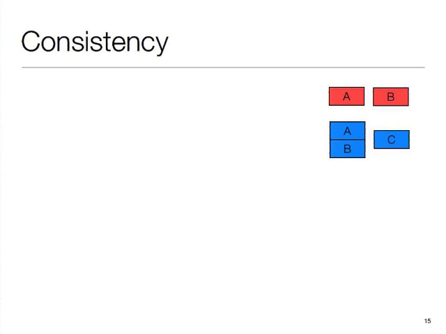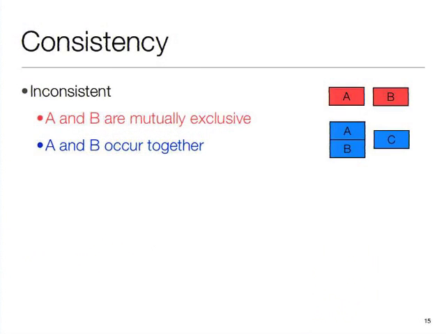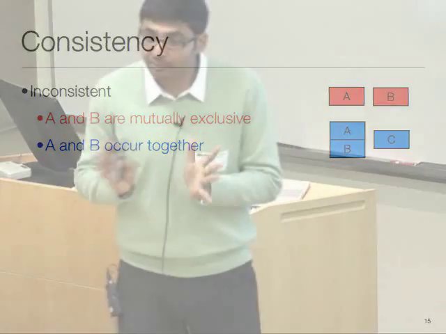One question which I alluded to earlier in response to a question was that you can get inconsistency. How does that happen? Think of the two uncertain databases, the red one and the blue one. A and B are just tuples. The red database asserts that A and B are mutually exclusive. They do not occur together in any world, because it presumably knows about both of them and does not allow the A-B possible world.